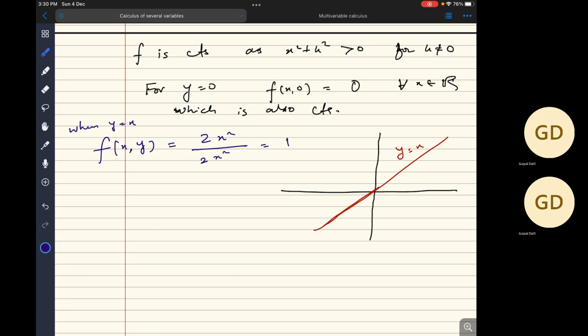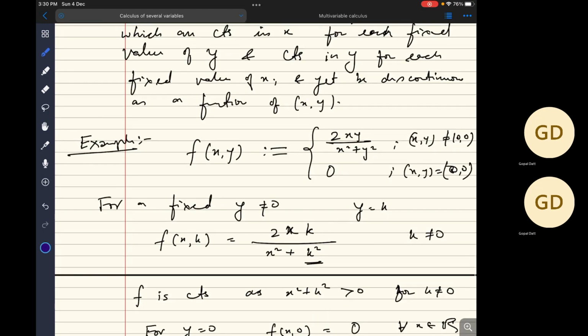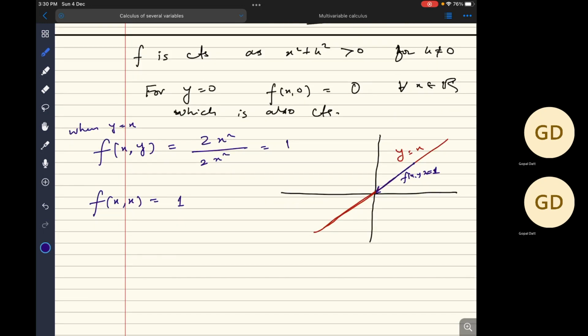So f(x, x) equals 1. Whenever these points tend to the origin, the value of f is always 1. But what about f(0, 0)? We have defined f(0, 0) to be 0.